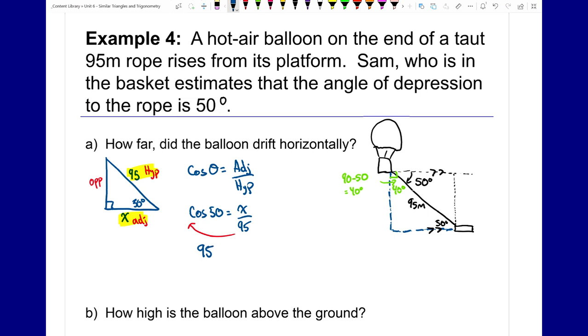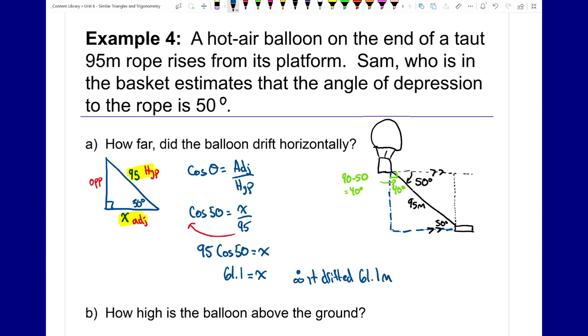So 95 times cosine of 50 is going to equal x. When I do that calculation on my calculator, I get 61.1 equals x. So therefore it drifted 61.1 meters.